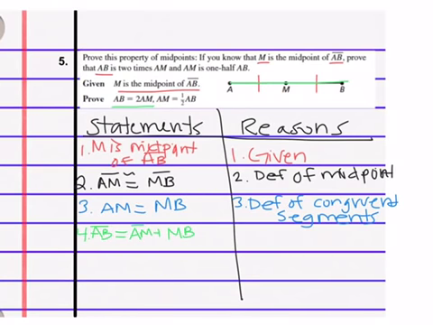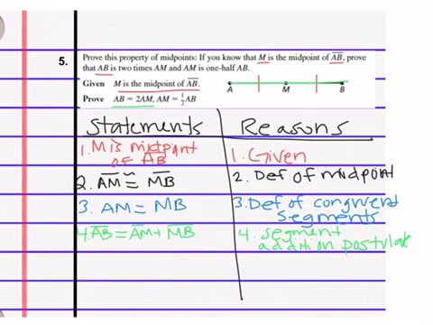Doesn't that make sense? The big line segment equals the little parts added up. What's my reason? I'm going to say segment addition postulate.